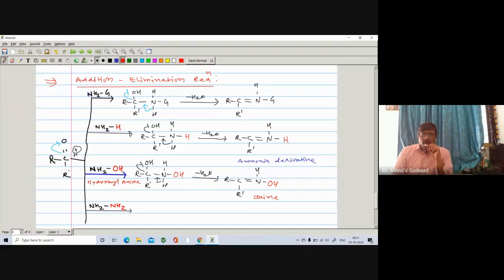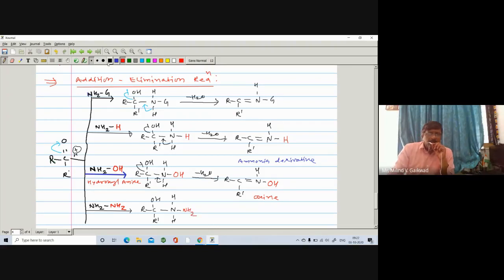So only you have to put the G group, the remaining part stays as it is. So here is R, here is OH, here is R dash, N, H, H, and this is your NH2.